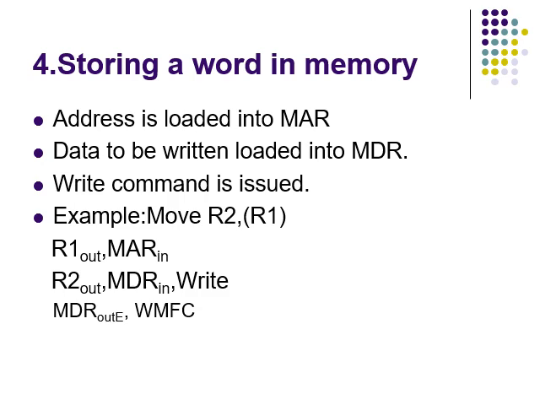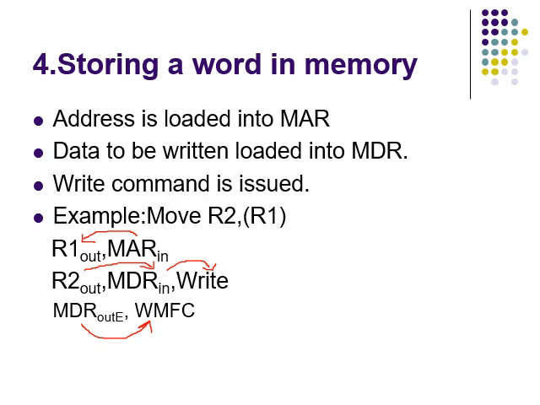The first step is R1 out, MAR in. Then R2 out, MDR in, and then write. Then MDR out E, and WMFC, waiting until the memory function complete signal is received.